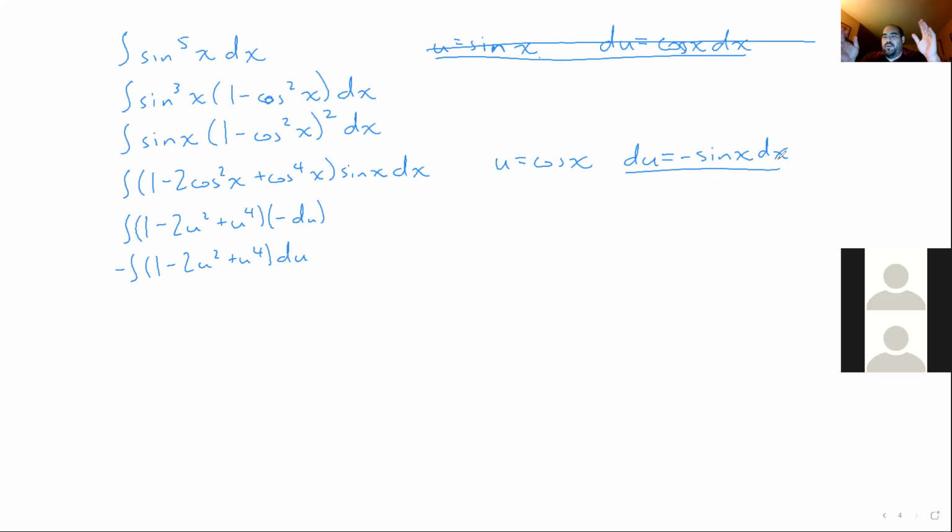It's not completely true, but you can look at sine and cosine as being each other's derivative, because they only differ by that negative sign. But that only applies for sine to the first power and cosine to the first power. So if I just give you sine to the 4th of x, we would need to handle it a different way.